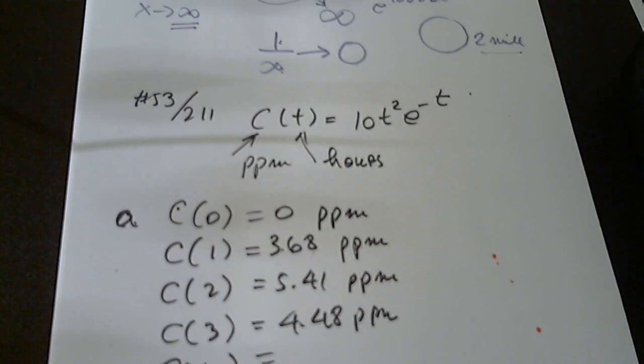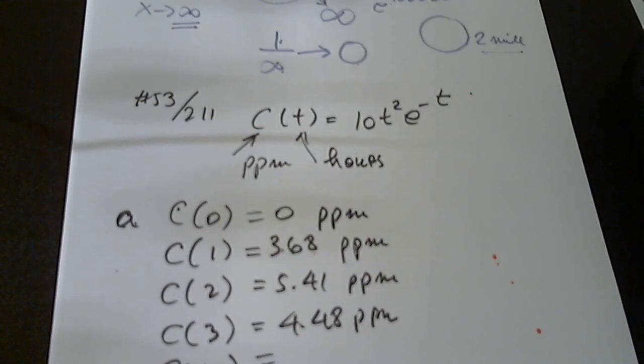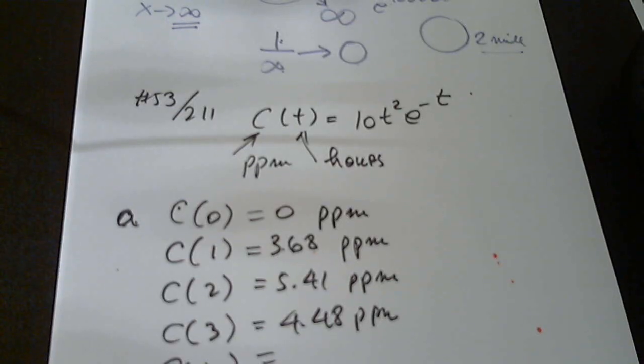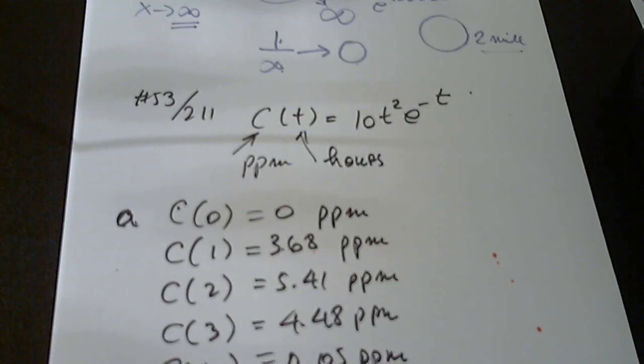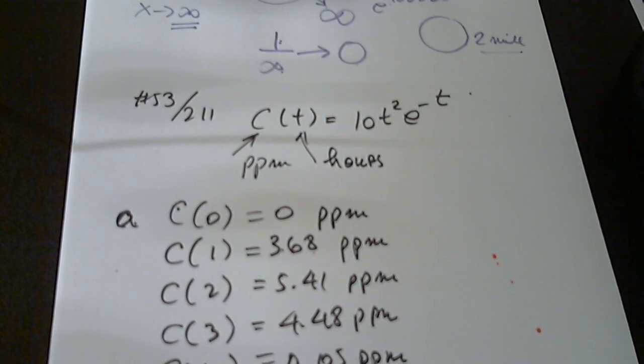And the last question, C of 5, 1.68 ppm. And C of 10, 0.05 ppm. Good.